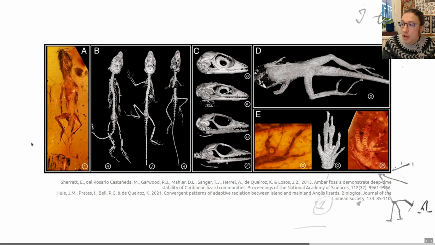I also put a link to a reference to a more recent paper here from 2021, which shows that this pattern also holds for mainland species. Both of these examples together suggest that the structure of ecological communities can exhibit stability over long timescales.